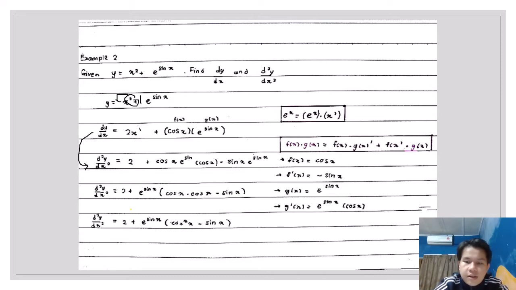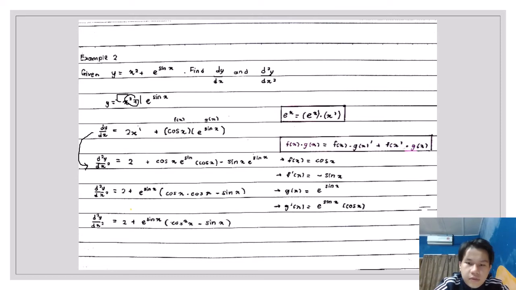Substitute with the formula given. You need to remember this formula. Find f(x), f'(x), g(x), and g'(x), and then just substitute, and you will get the second derivative of this question. After you substitute these values, the next step is you need to simplify it.